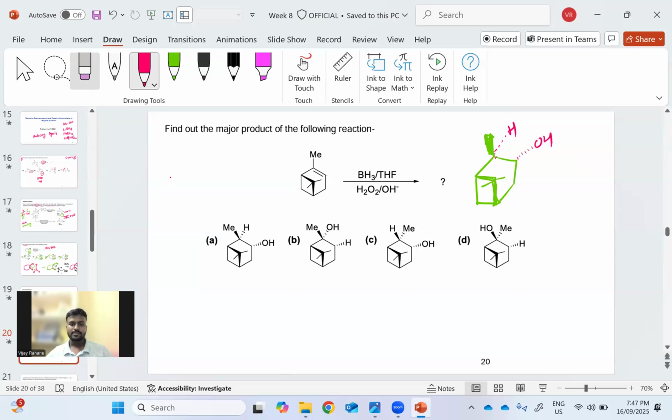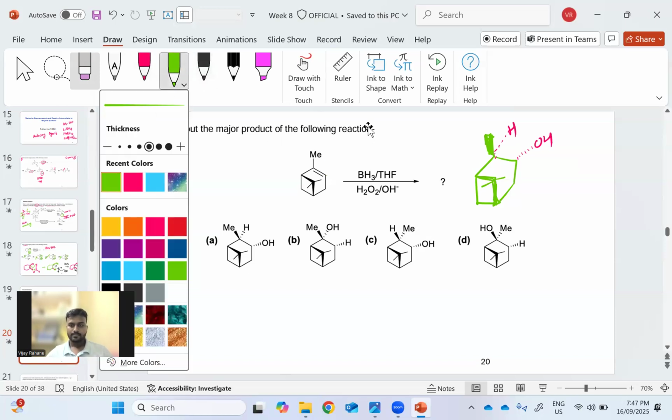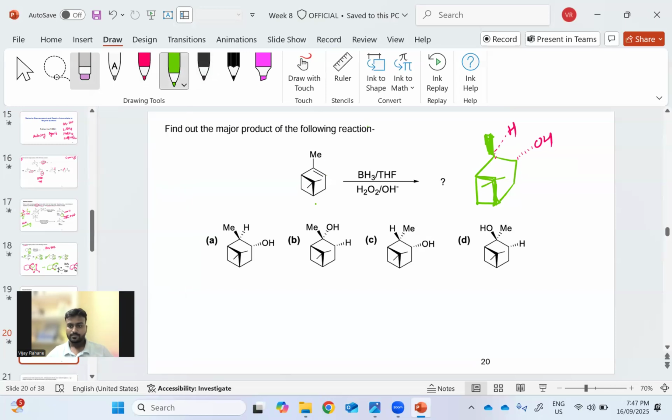So that will be here. There are hydrogens. Right. So this is the product formed.